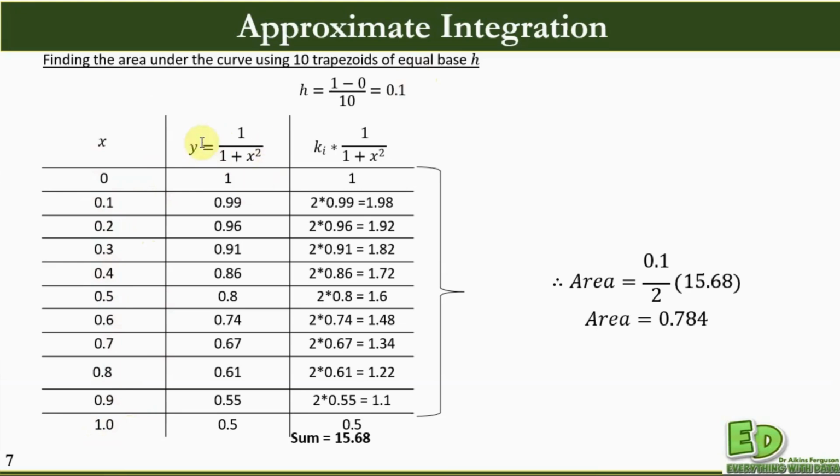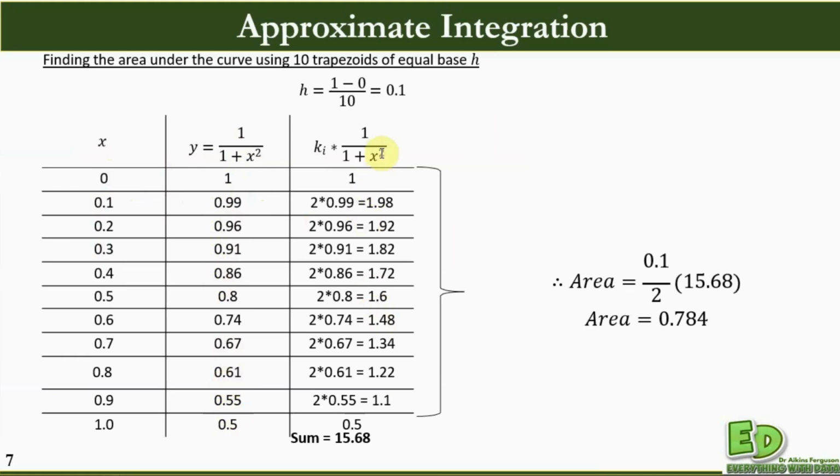The next column has to do with the function itself. What you do is just substitute the values you have here in place of x. So 0 in place of x gives you 1. 0.1 in place of x here gives you 0.99, and so on and so forth. You have these values over here on the second column.